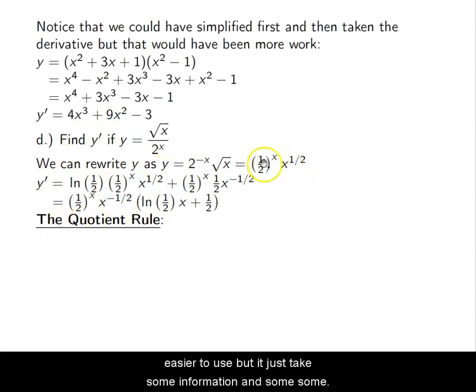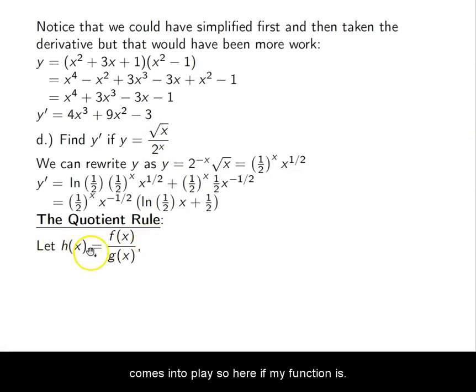But it just takes some manipulation and some insight into the way the functions work so that you can get them and manipulate them into that form. So if you don't feel like that, or that's just not a strong point of yours, and you just want to take it how it comes, that's when the quotient rule comes into play.